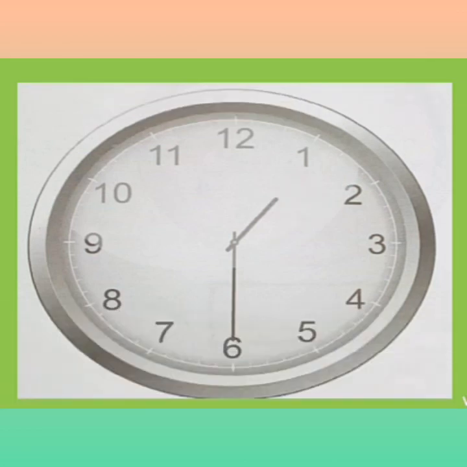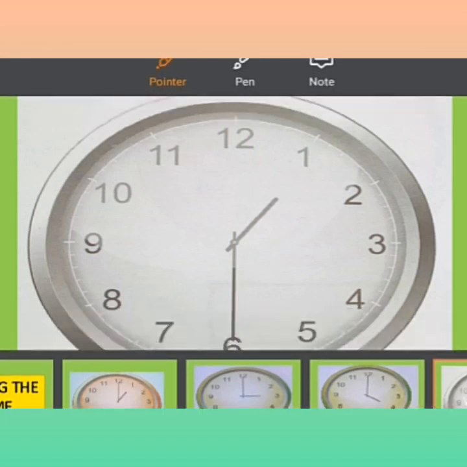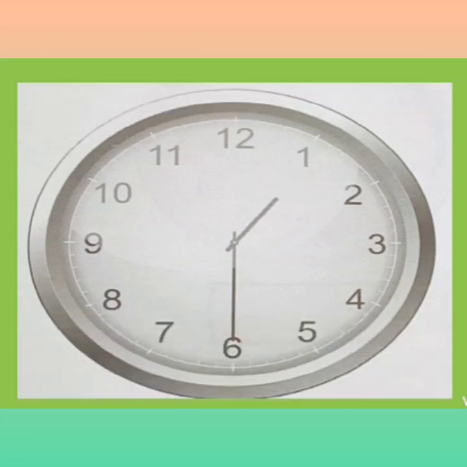So, from 12 to 6 gives us 30 minutes. Once the long hand is at 6 and the short hand is in between the numbers, for example, this one, the short hand is in between 1 and 2, so the time is 1:30.